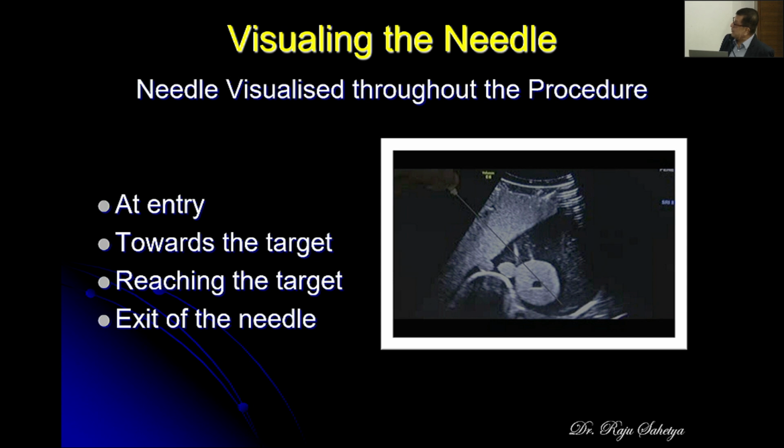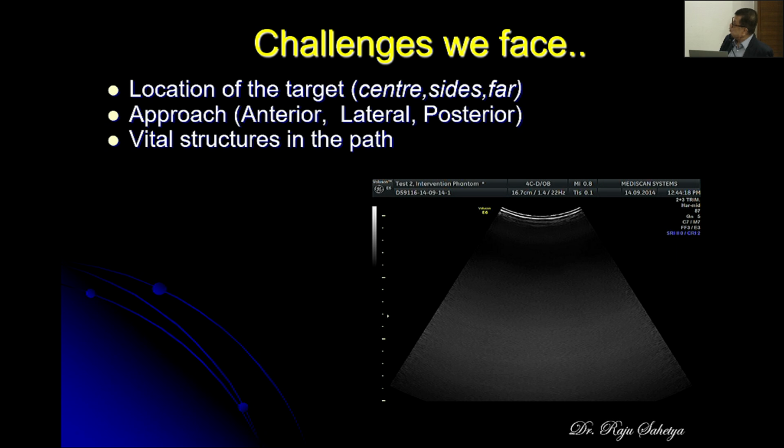Many times needle is visualized throughout the procedure, but then suddenly it is lost, from entry point towards the target, reaching the target and exit. At times you have faced challenges like this. Location of the target is center, side or posterior. Accordingly, your approach is going to be anterior, lateral, accordingly. So therefore scan and plan before doing the procedure.